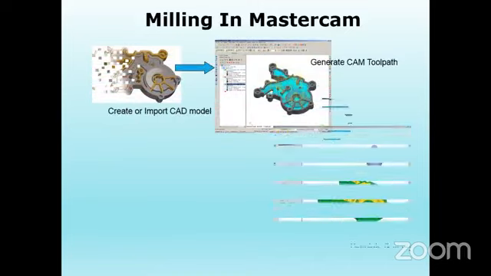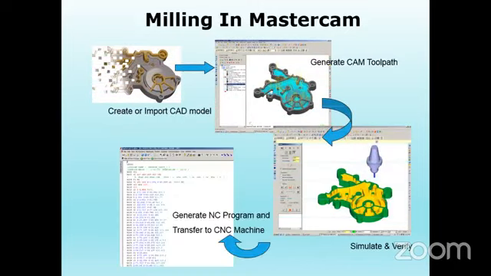So here is the basic workflow through which we can generate programs in Mastercam. First, we need to develop a CAD model, which can be developed in any CAD software. I'm repeating, in any CAD software. Yes, Mastercam adopts most of the CAD formats. So you just need to generate a CAD model in CAD software, then import it to Mastercam, then generate various toolpaths according to your need, simulate it and verify if there are any details that need to be refined or tuned.